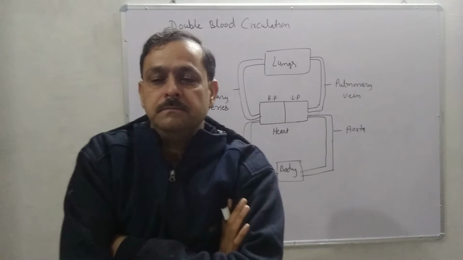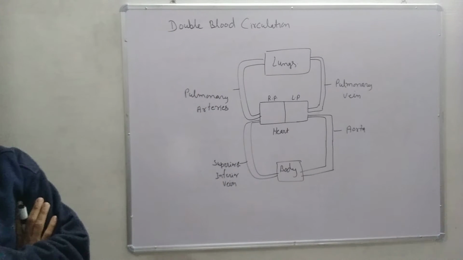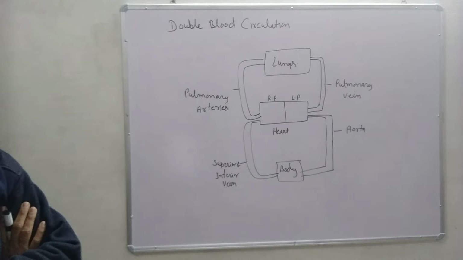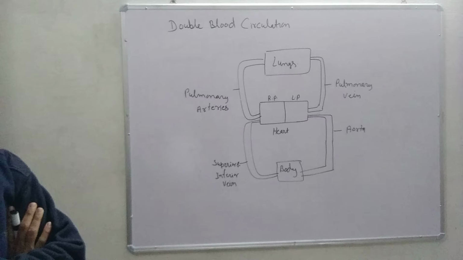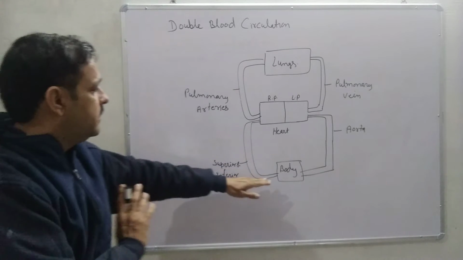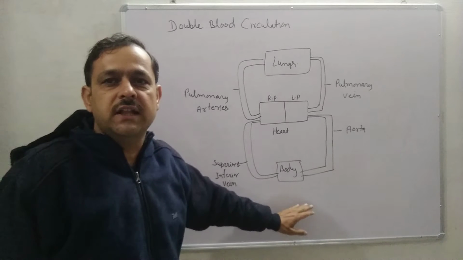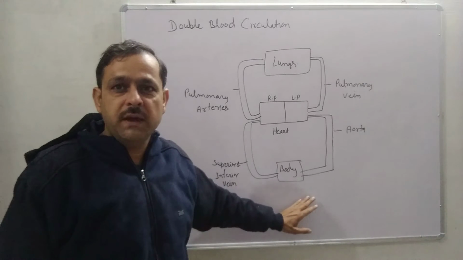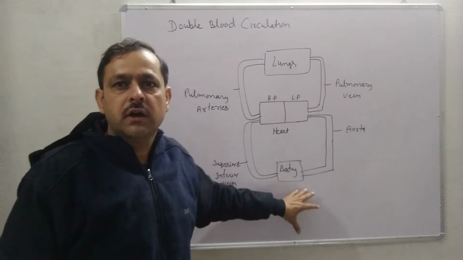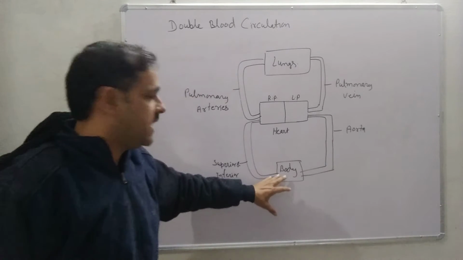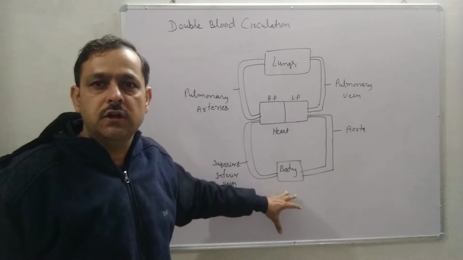In human beings, the blood circulation is called double blood circulation because to complete the circulation in the body, blood has to pass through the heart two times. Firstly, the impure blood from the body's tissues or cells: cells do respiration, and by respiration there is production of carbon dioxide, and this carbon dioxide is carried by blood, so that blood is called impure blood.